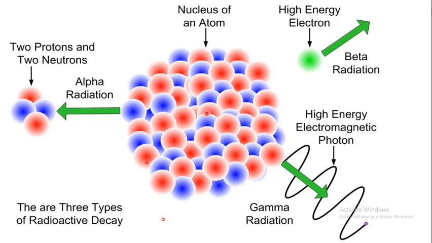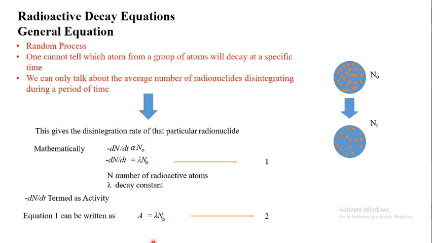Those nuclides which emit radiation show activity. The greater the rate of disintegration, the greater the activity. Due to this reason, the change of nuclide into disintegrated daughter nuclide is called activity.